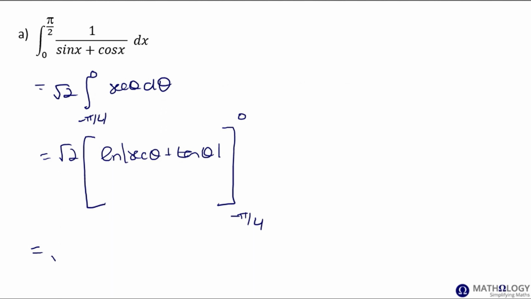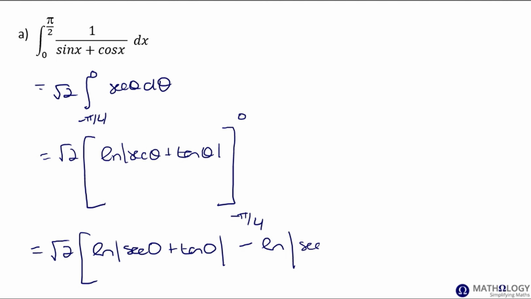So that equals root 2 times ln sec 0 plus tan 0, minus ln sec minus pi by 4 plus tan minus pi by 4.